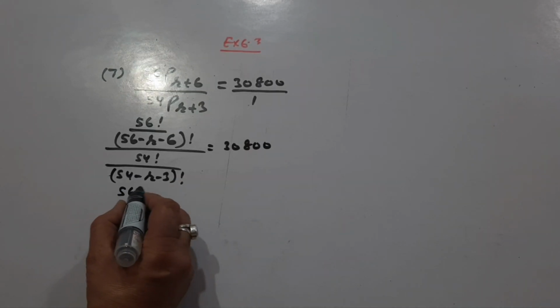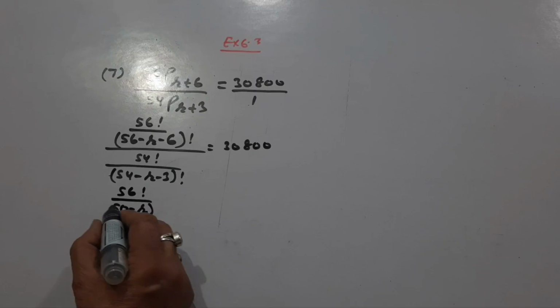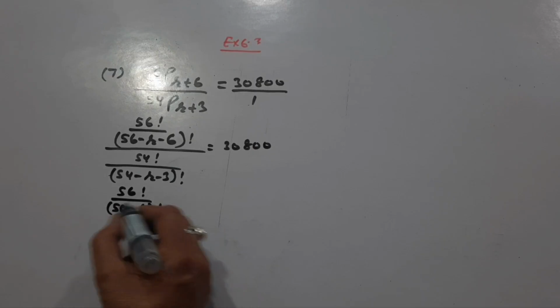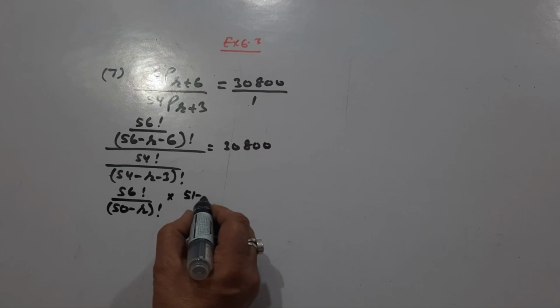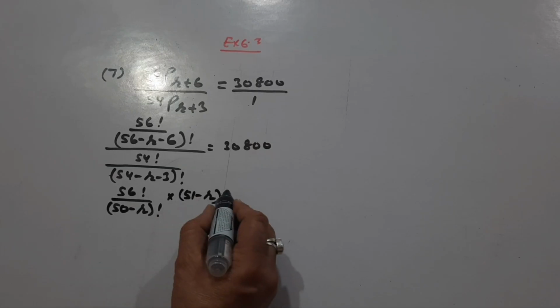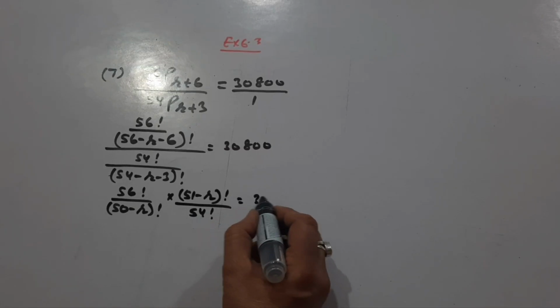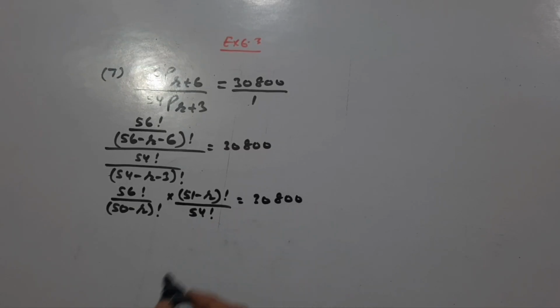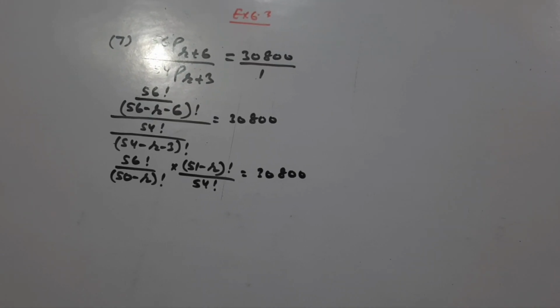So we get 56 factorial, 50 minus r factorial, and we write this number in the numerator, 51 minus r factorial upon 54 factorial equals to 30800. Right, students?